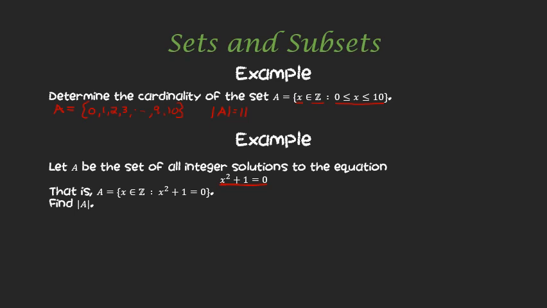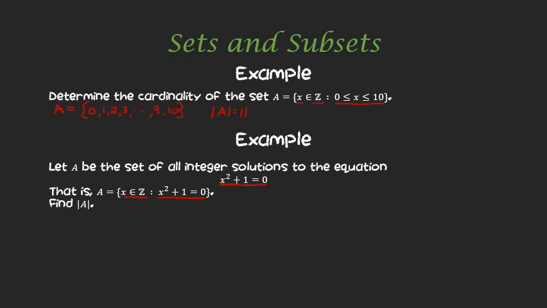So the set of all integers, so we're collecting integers, subject to the condition that they have to be solutions to the equation x squared plus 1 equals 0. So the set of all integers x such that x squared plus 1 is equal to 0. So these are defining the same thing, and that's why I've used the same name for them.